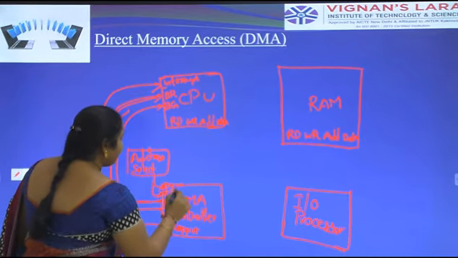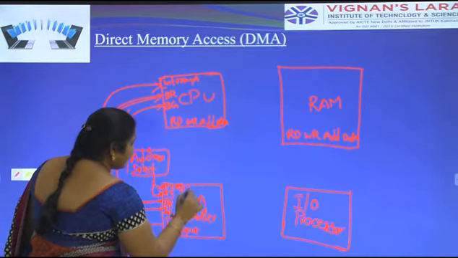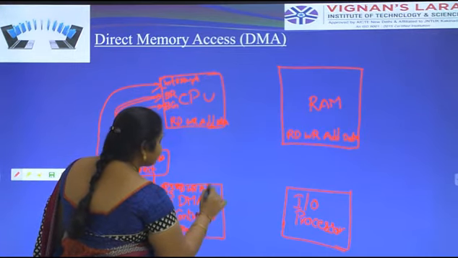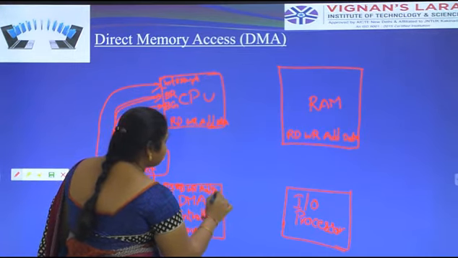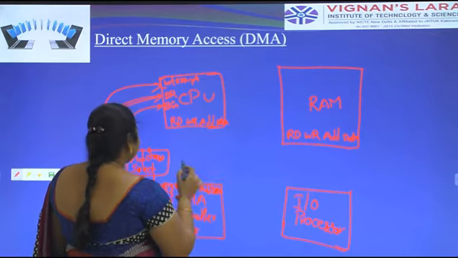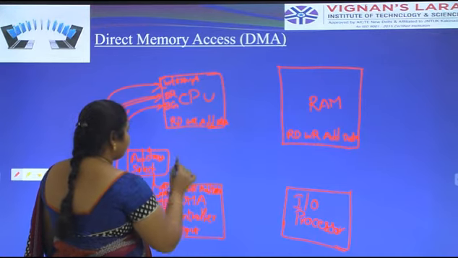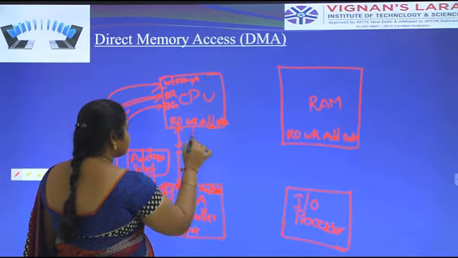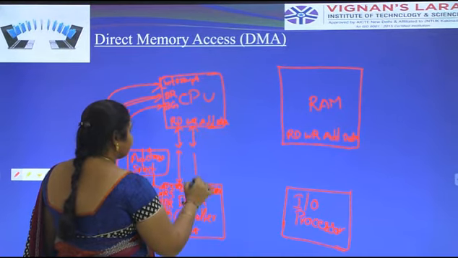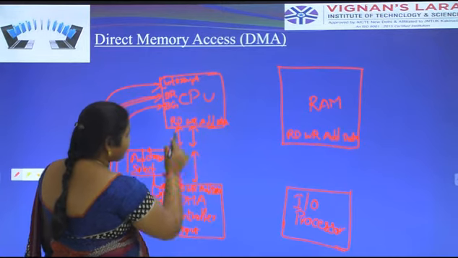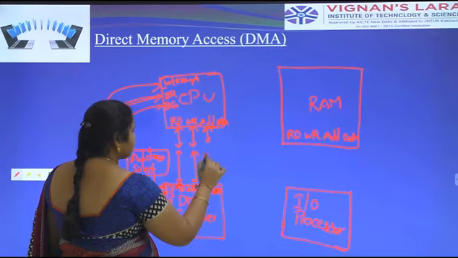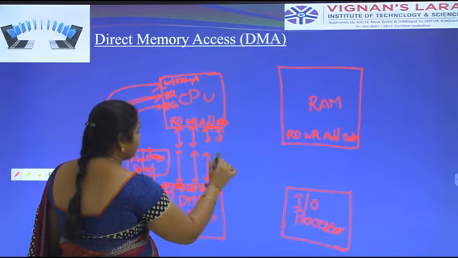Here the DMA controller also has read operation, write operation, address register and data register. That information is passed to all the devices: from read to read, write to write, address to address and data to data.